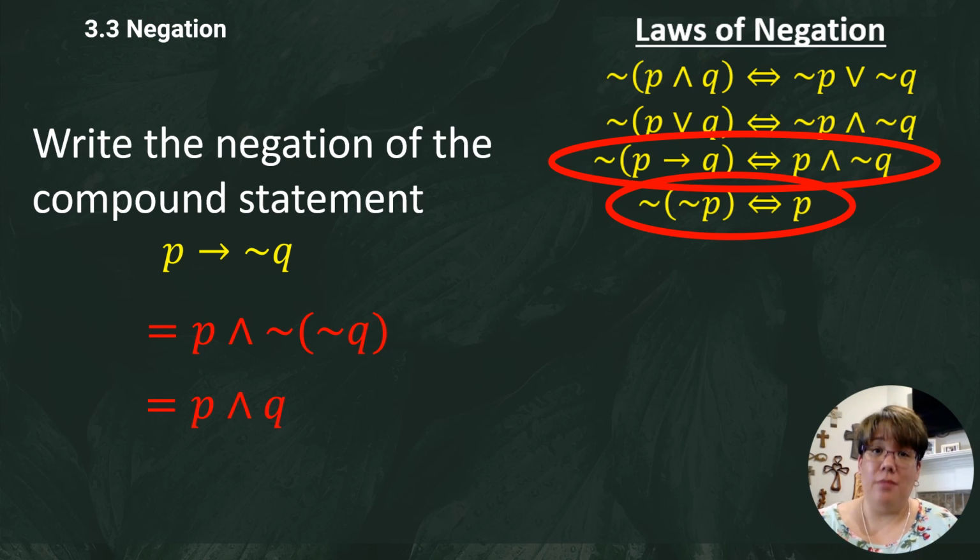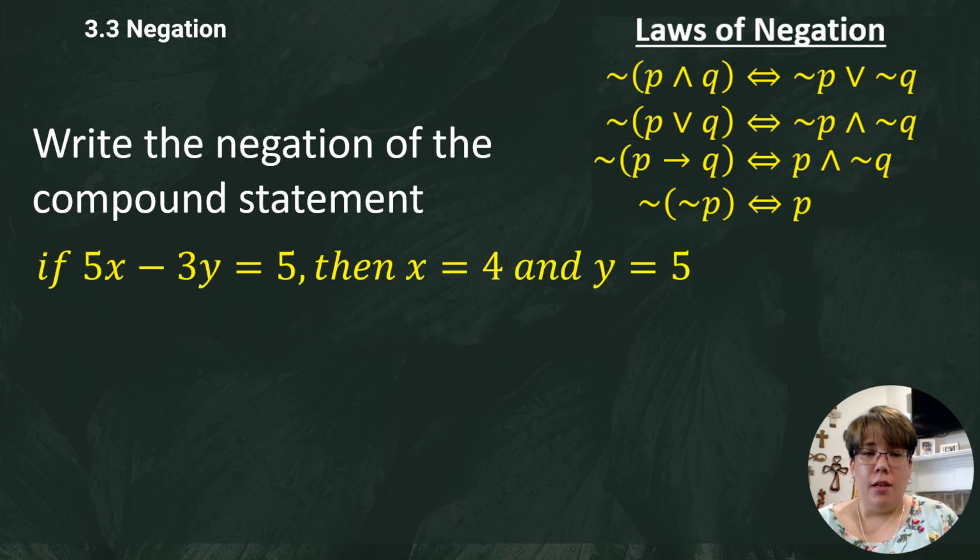Let's look at another one. You have a few examples that throw in some math problems, and these can be tricky. This is one of the trickier problems, so I thought I would look at it. Write the negation of the compound statement: if 5x minus 3y equals 5, then x equals 4 and y equals 5. This is a more complicated compound statement.